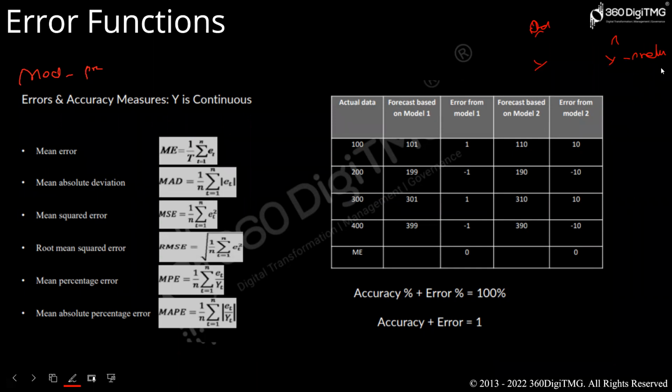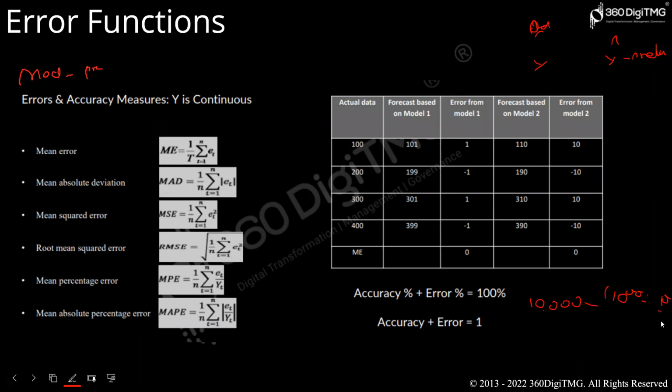For example, let's assume your expected output is 10,000, and the model gives 11,000. Then what is the difference? It should be 1,000. Likewise, we need to calculate for all the values. For example, you can see the actual data here, the forecast model, 101, so the error is 1.